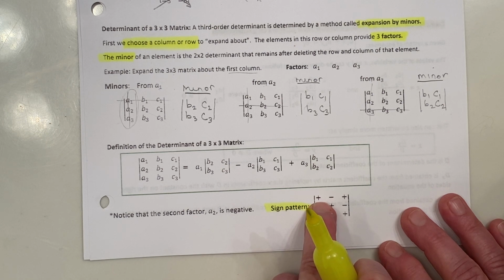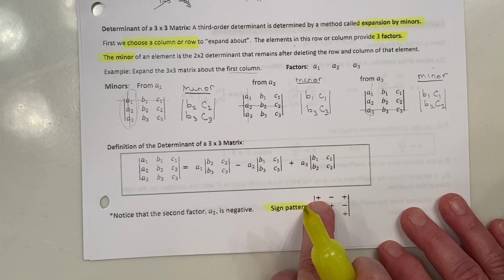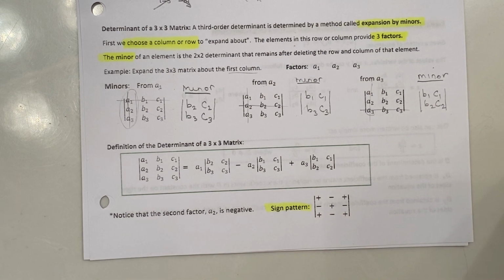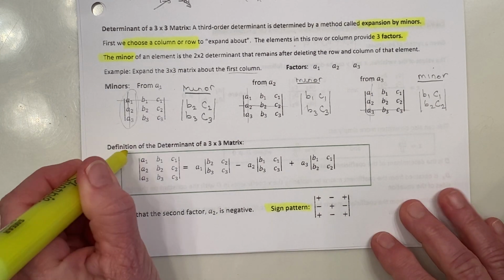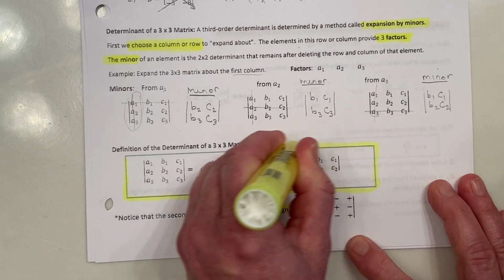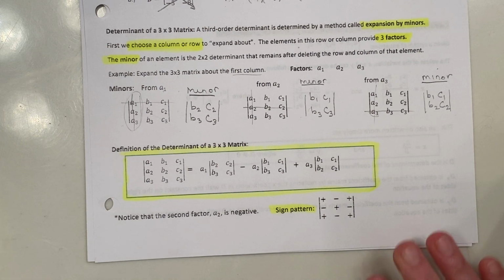To the right of the positive sign, we put minus, and then we return to positive. If this is positive and we go down, then we change to a minus. So down from here, it'd be a plus. This is our sign pattern chart that we're also going to be using. So now let's go back to the definition of the determinant of a 3x3 matrix. I've given you a lot of information, but let's see if we can put it into play.